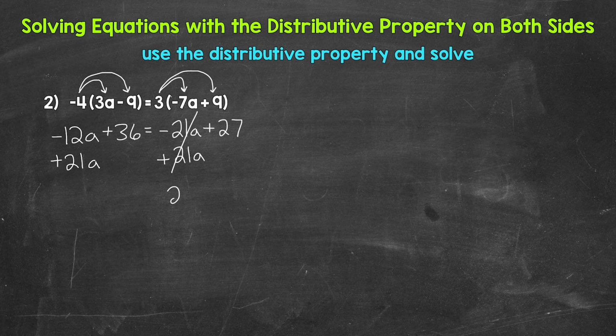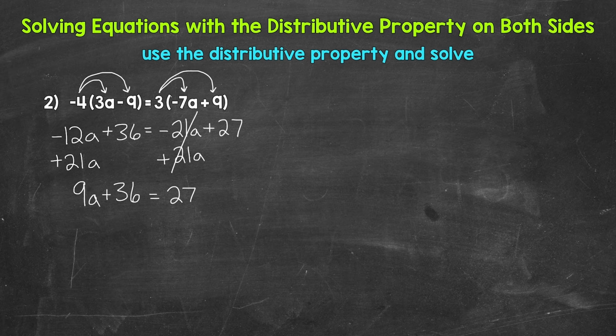And now we just have 27 on the right side equals, and then on the left side, we have -12a plus a positive 21a. That gives us positive 9a. And then bring down the rest of the left side of the equation. So plus 36. And now we have 9a plus 36 equals 27.